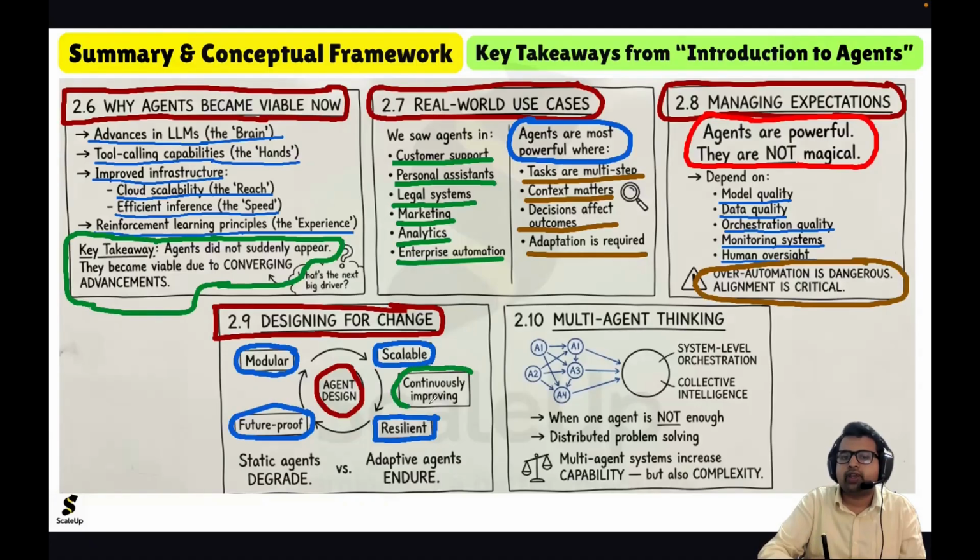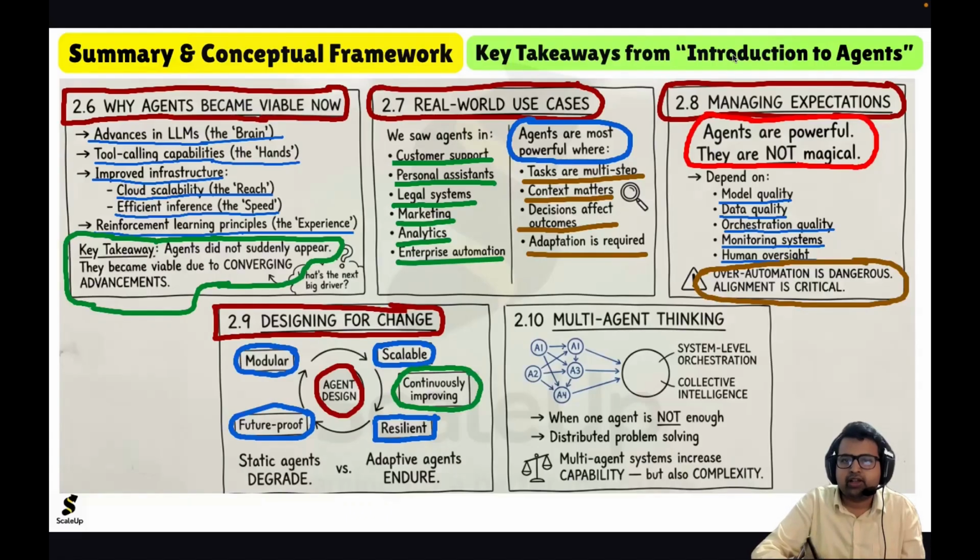This is also a very interesting and important insight from this module: whenever you are planning to build agents, don't have a very big goal in mind. Rather, try to accomplish small workflows, and then you can build something big. We call it iterative design.